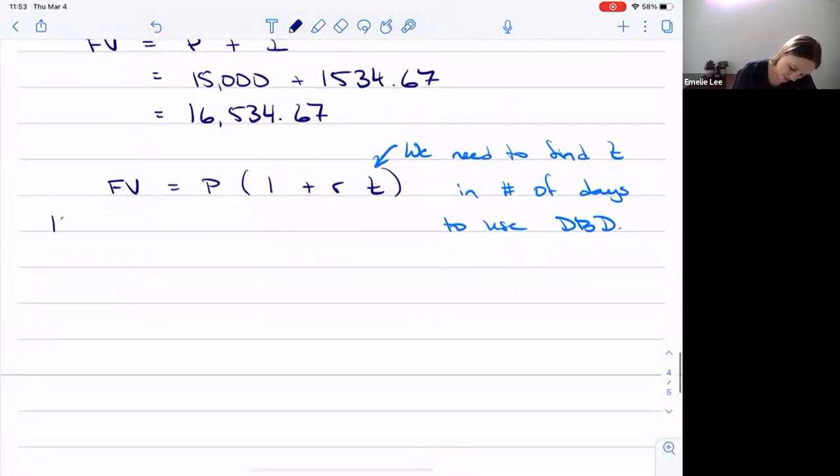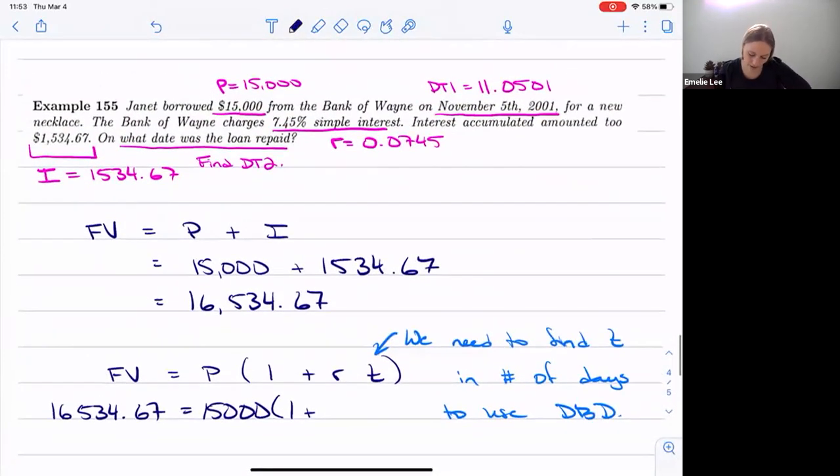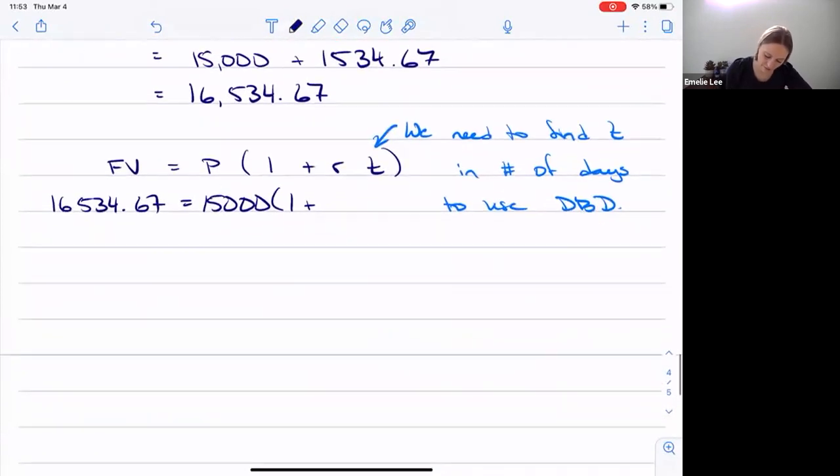So my future value I just found was 16,534.67. My P was 15,000 times (1 plus r, which is 0.0745, times t). Same idea, I need to get t on its own, which means I need to divide both sides by 15,000.